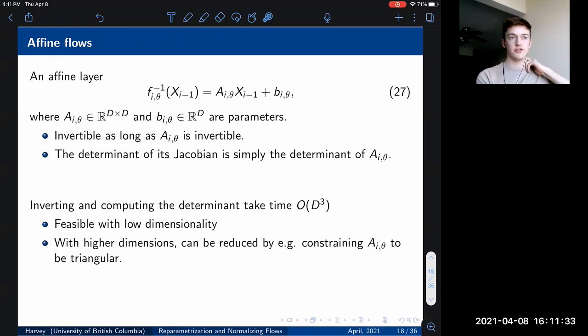The other thing I should mention is that the two flows we've covered so far, element-wise and affine flows, are not ideal. You can't really compute a normalizing flow purely out of affine flows, because the whole thing is just going to be a single affine transformation, which is probably not as expressive as you want.